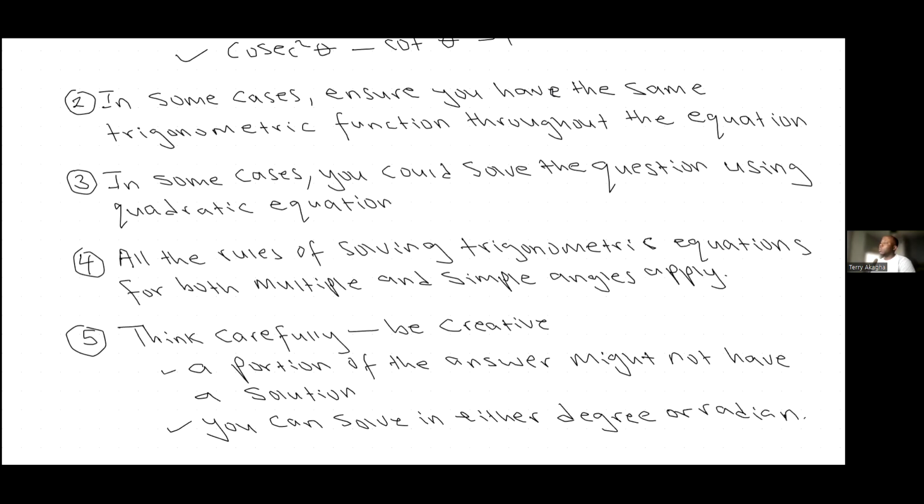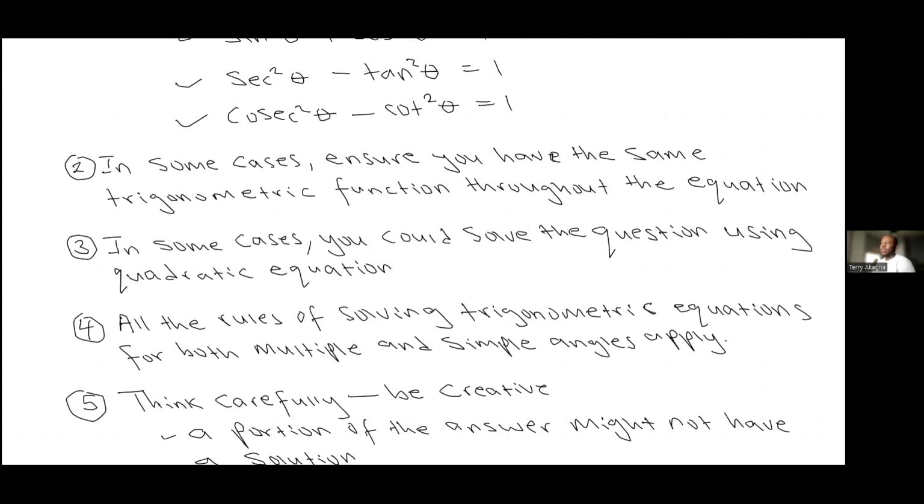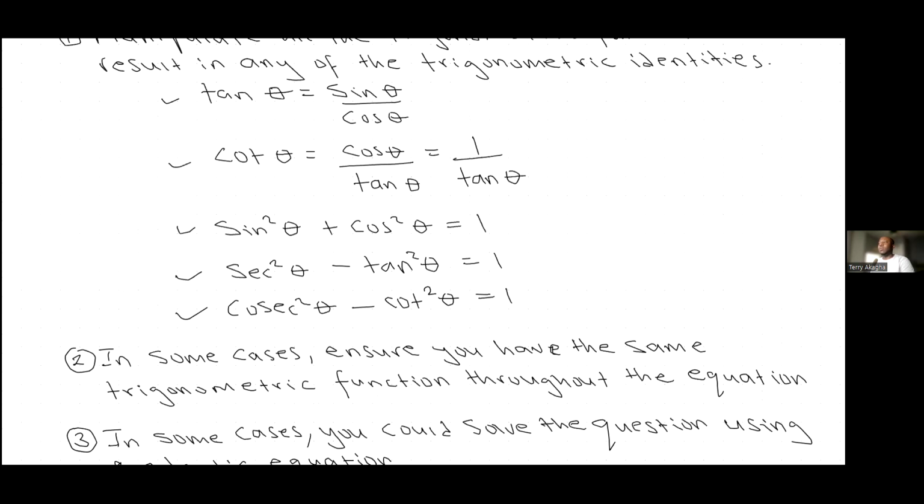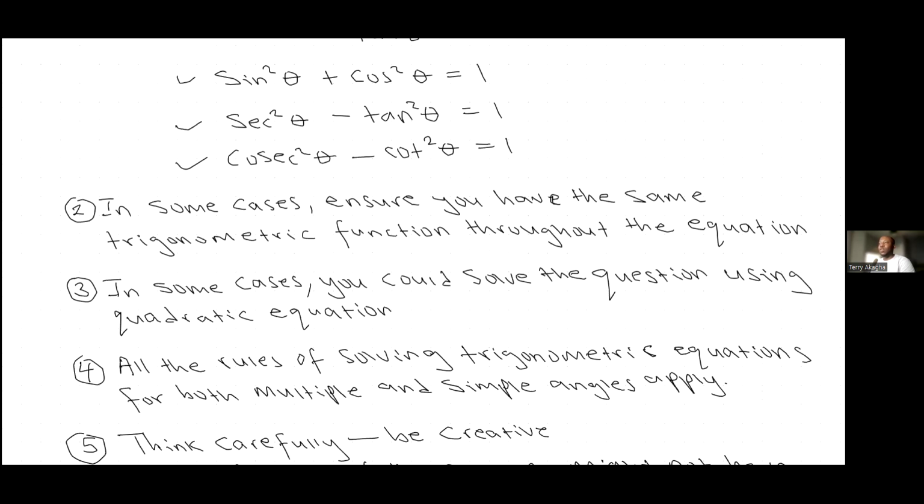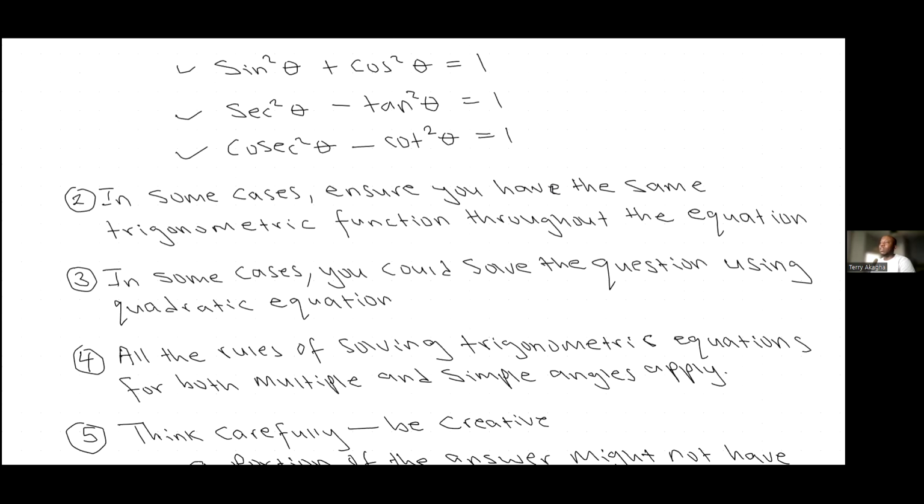Okay, so these are the five things that you need to keep in mind. So you need to manipulate. In some cases, you have to ensure you have the same trig function. So the key word here is that you must have the same trig function throughout the equation. Sometimes you might end up using a quadratic equation to solve, okay?